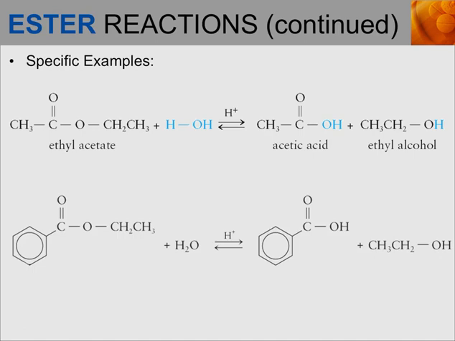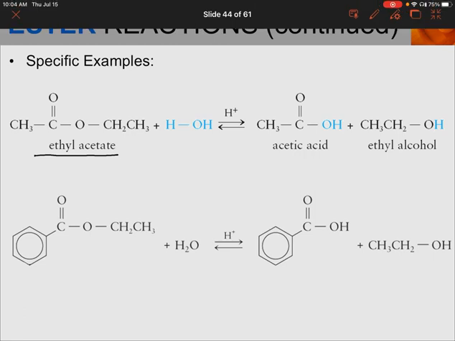So let's look at some specific examples of ester hydrolysis. Let's say we're starting with ethyl acetate, also called ethyl ethanoate.